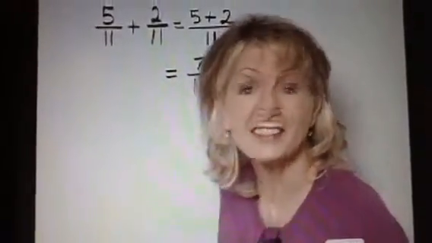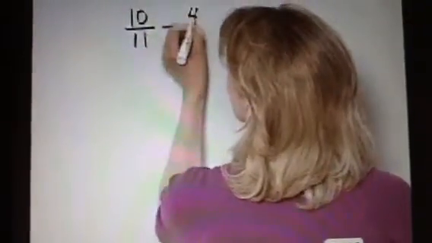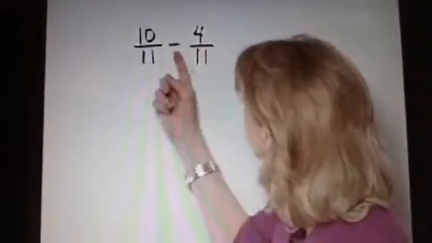Let's practice this for a few minutes and remember what we are doing. We are adding or subtracting fractions with the same denominator. So here the operation is subtraction, and you need to think then for addition or subtraction the denominators must be the same. So it's subtraction.